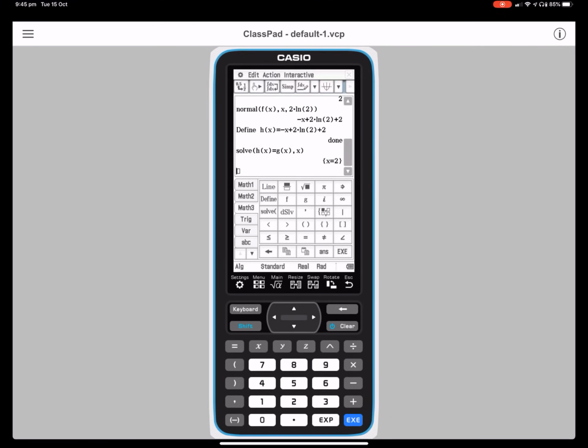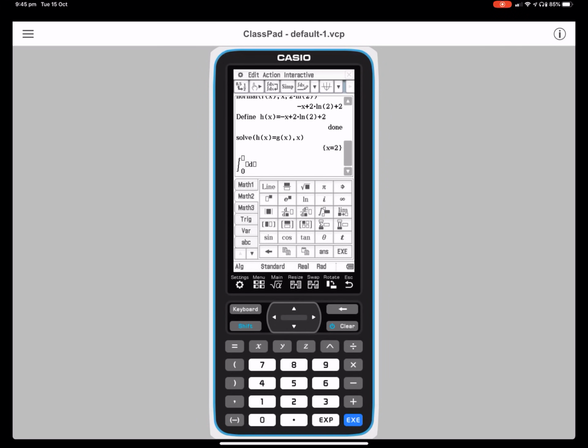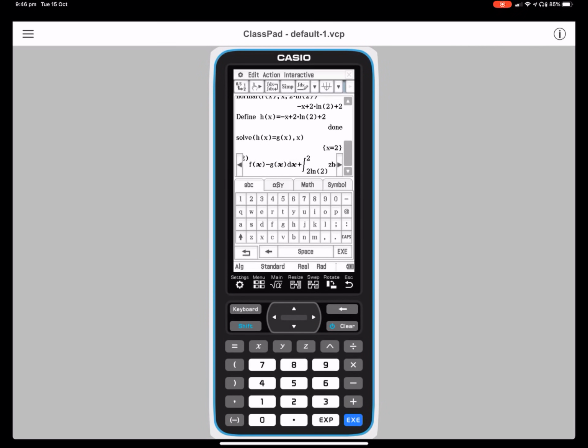Alright, so let's go 0 to 1 of f of x dx, plus 1 to 2 log e 2 of f of x minus g of x dx, plus 2 log e 2 to 2 of h of x minus g of x dx. Now let's hope I haven't stuffed this up.